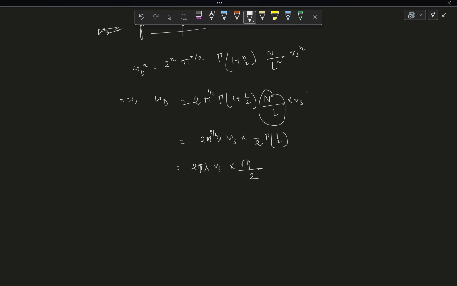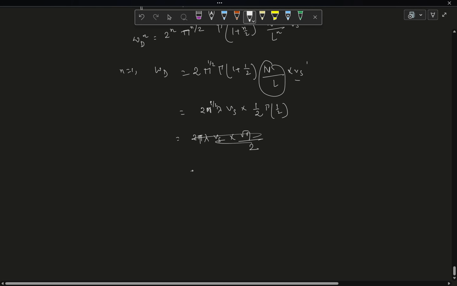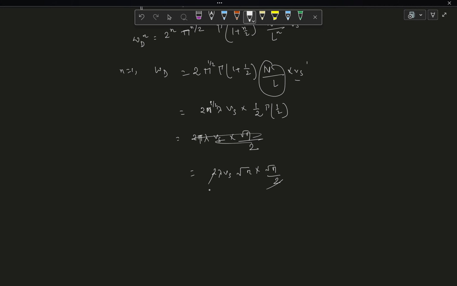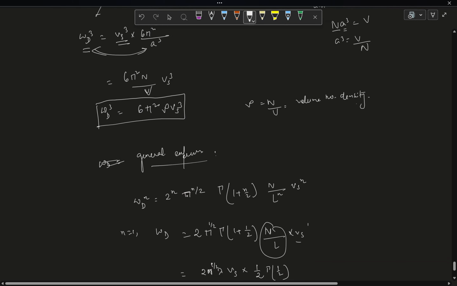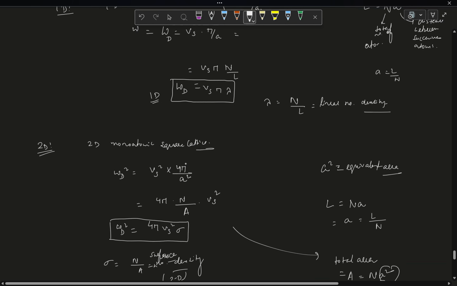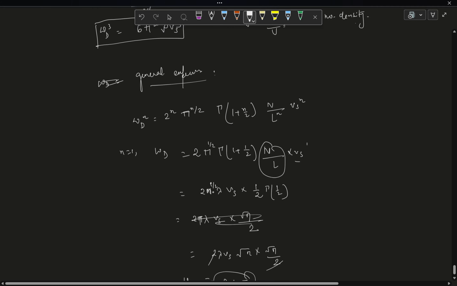Now this is lambda, this is Vs, and this is half gamma half. This is equal to 2 by lambda Vs root over pi into root over pi by 2. So this 2 and 2 cancels out. This is Vs pi by lambda. So this is omega d. So let us check. Yeah, this was Vs pi by lambda. So this and this matches.